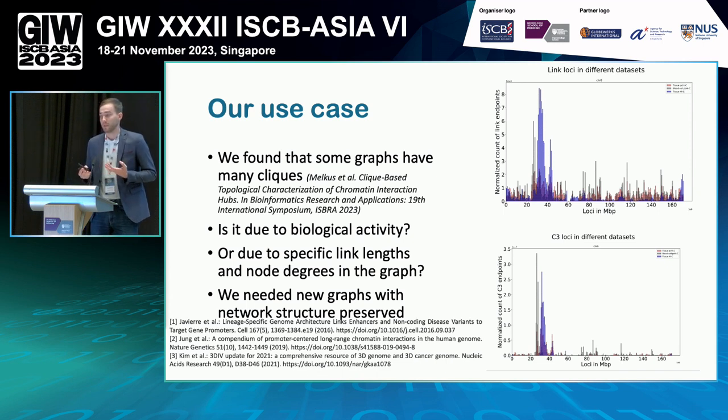Or that would be the bad case, or the good case where the cliques are there due to the biological activities. So we needed to construct a new graph, a graph that would be highly similar in terms of topology, but we would see whether some property would be preserved or not.